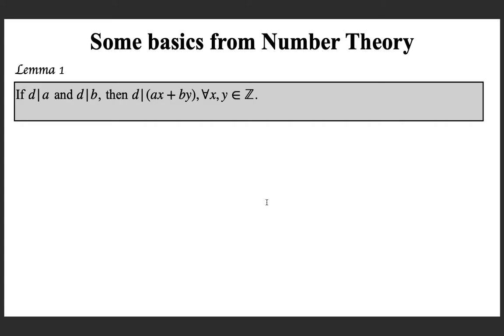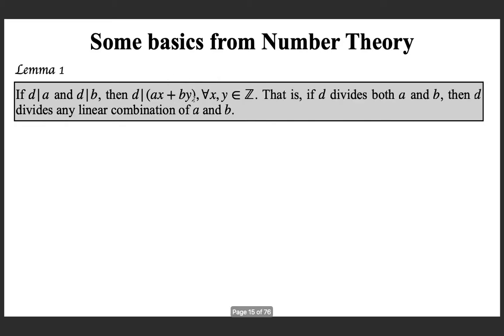Now, a lemma, which is a nice property about divisibility. If d divides a and d divides b, that is, d is a divisor of both a and b, then we can prove that d divides ax plus by for all integers x and y, and this is what is called a linear combination of a and b. That is, if d divides both a and b, then d divides any linear combination of a and b.